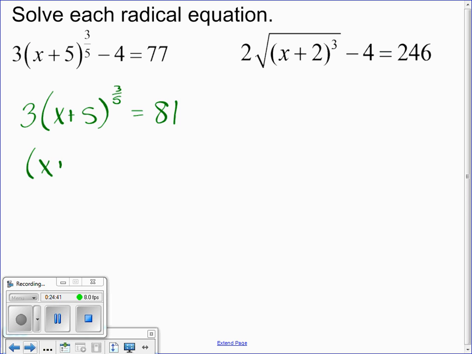Divide by 3. We got a 5th root. Then what? Thank you for changing that wording, because I was really going to tell you no. I'm not multiplying both sides. I'm raising both sides to the 5/3 power.